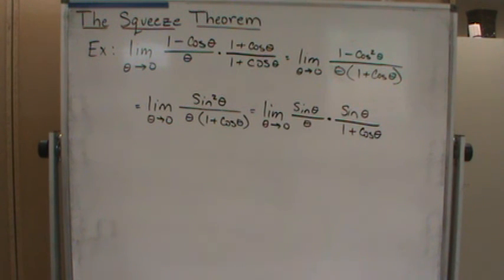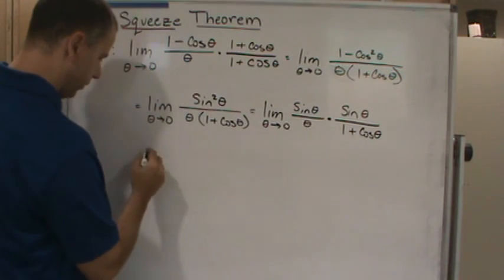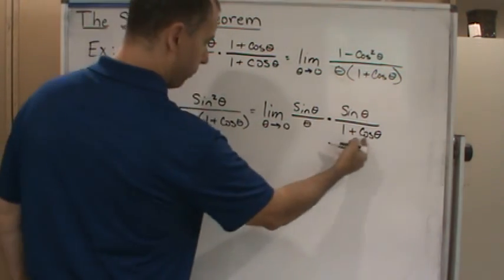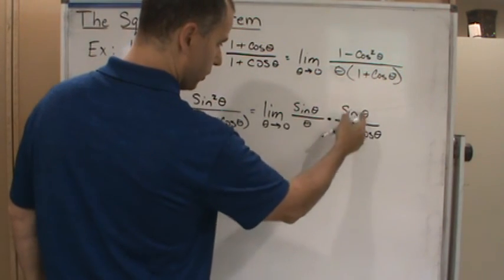Now we can use our limit laws. We have a product, so we can use our limit laws, and then we can use the quotient law.